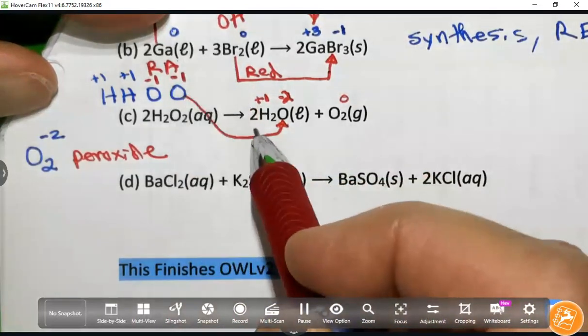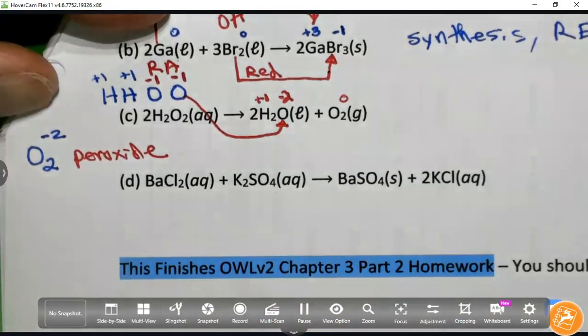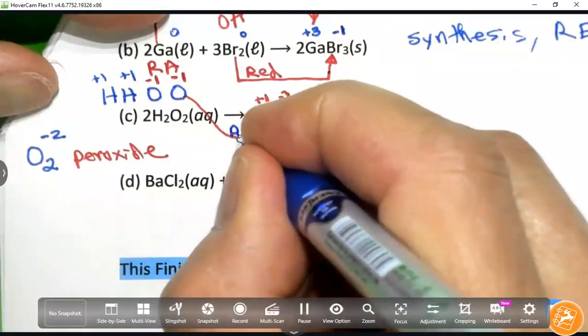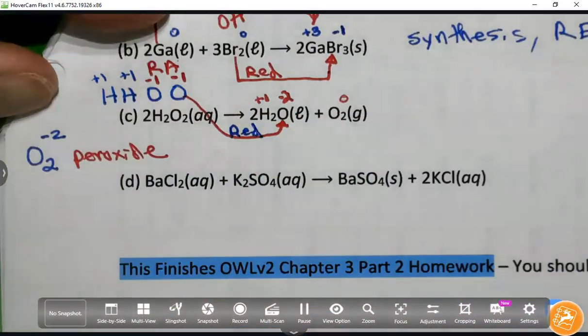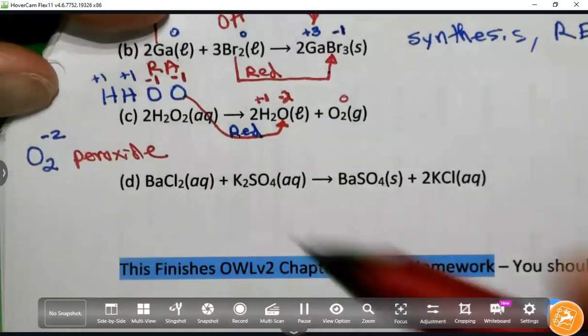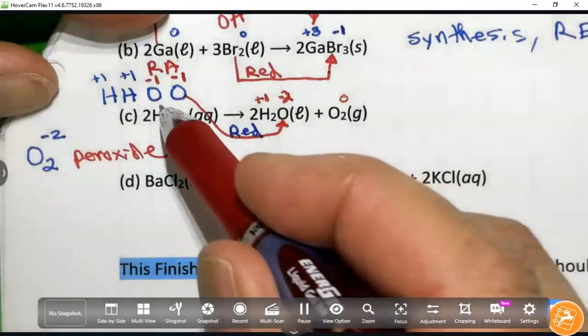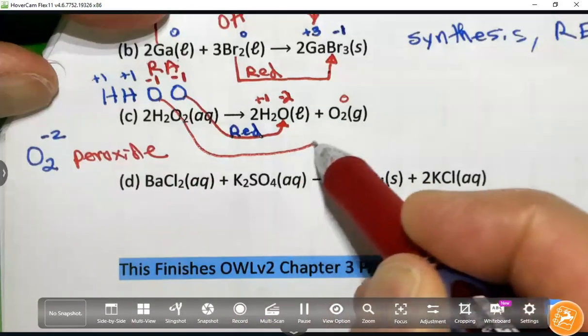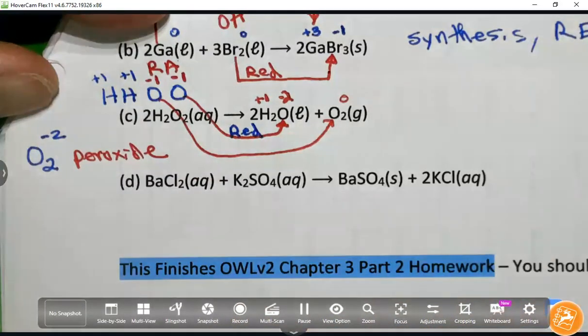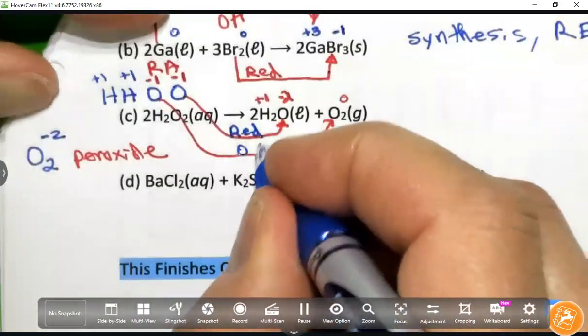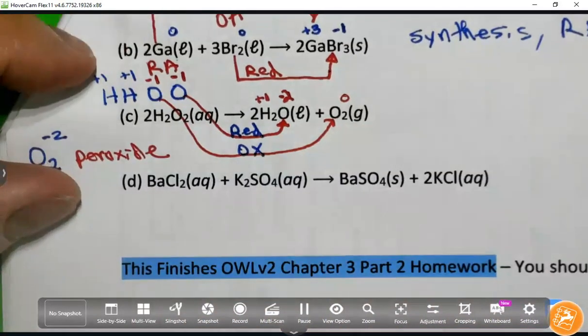It's going from -1 to -2. That's my reduction. And one of them is getting more positive. It's going from -1 to 0. That's my oxidation.